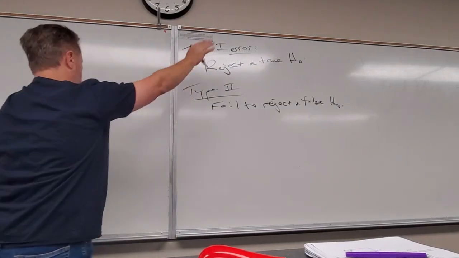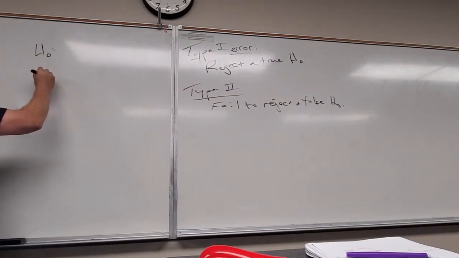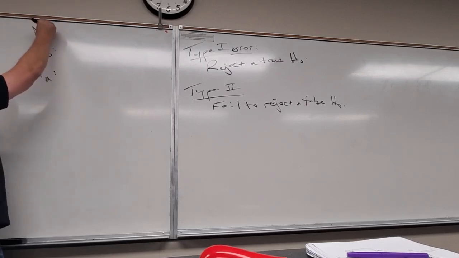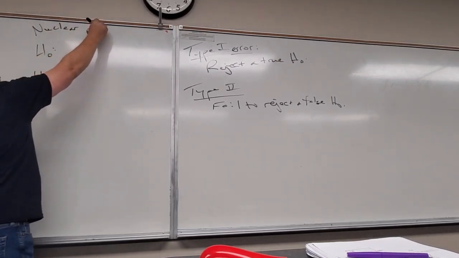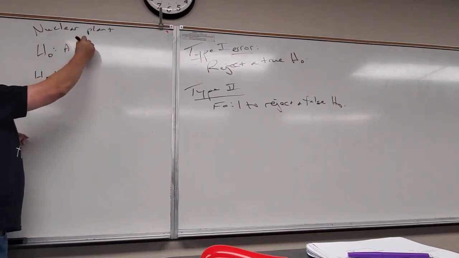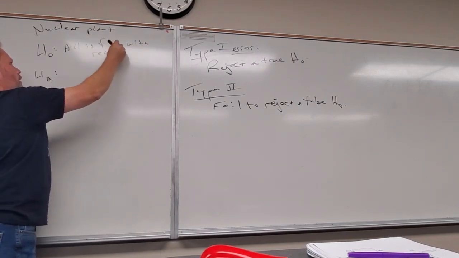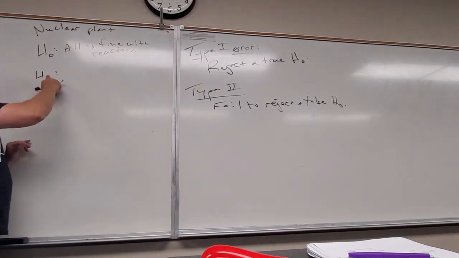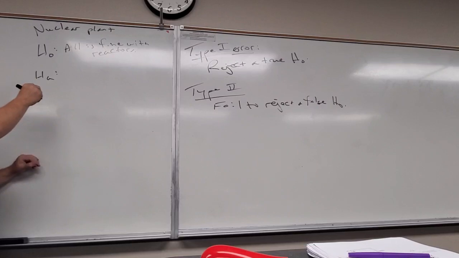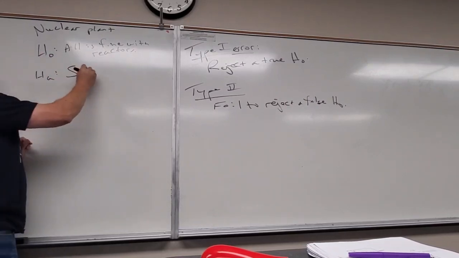So for example, real quick, we're at a nuclear plant. I like going to a nuclear plant on these. The null is all is fine with the reactors. What would the alternate be? Something's wrong.